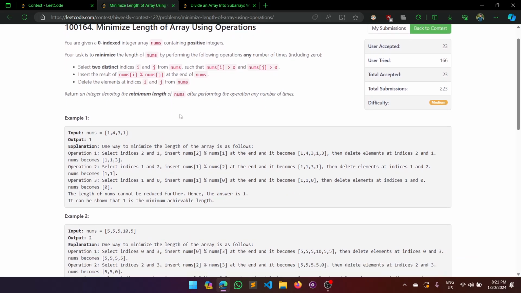Okay, then I'm left with no choice. Then I'll have to get a z. So the question is about having as many different elements as I can have in the array.